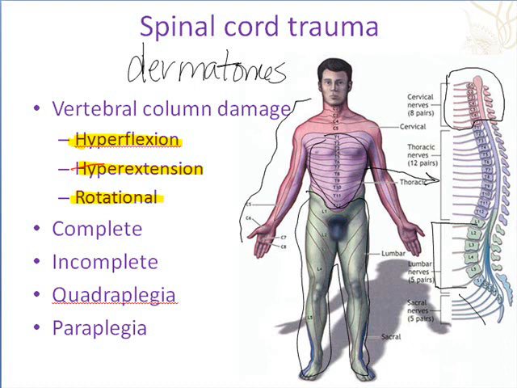So, for example, if somebody has a car accident and they're damaged at L1 to L2, and the spinal cord is severed between L1 and L2, well, then we know that they're going to have loss of function in pretty much all the areas outlined in green, and everything below that point. At that point, they're not going to be receiving sensory information incoming from those regions, and they will have no ability to control outgoing motor commands for that region.